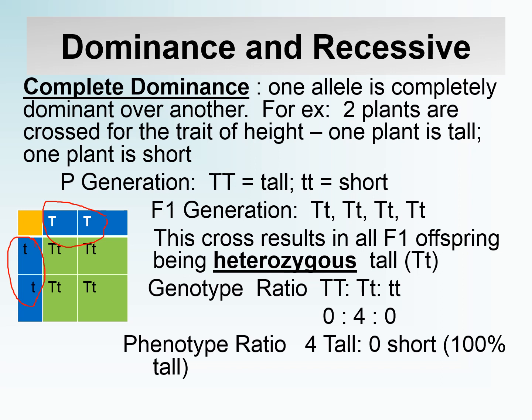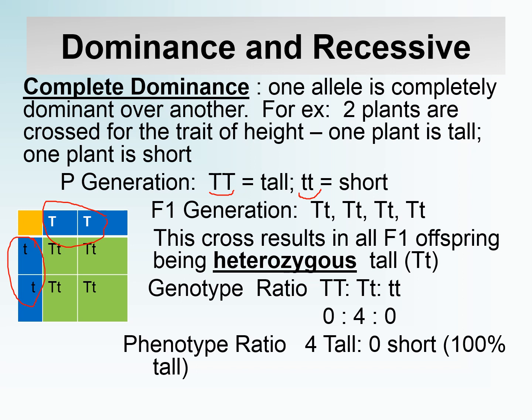The P generation just refers to the parents. One parent is going to be homozygous, two big T's. The other parent is also going to be homozygous, but two little t's.